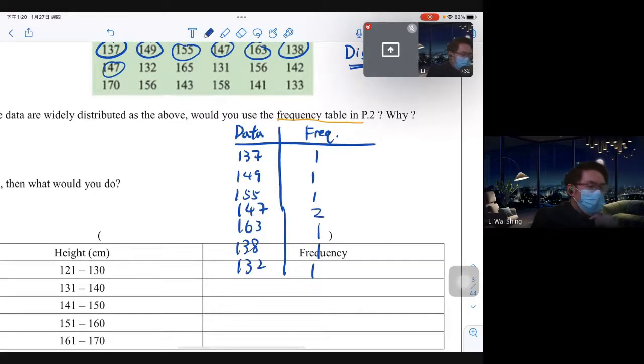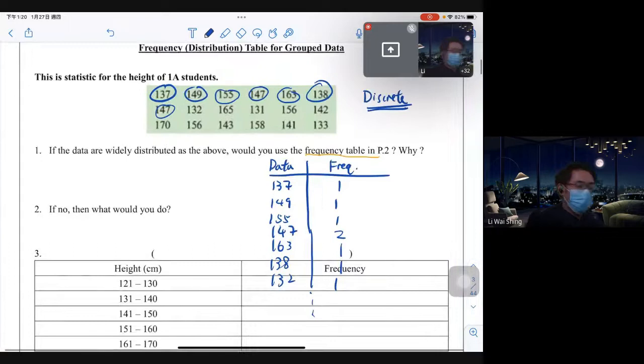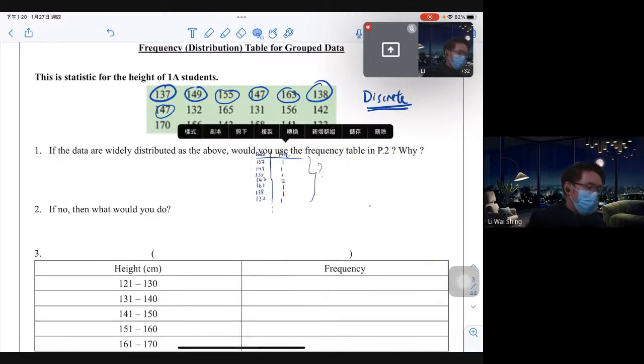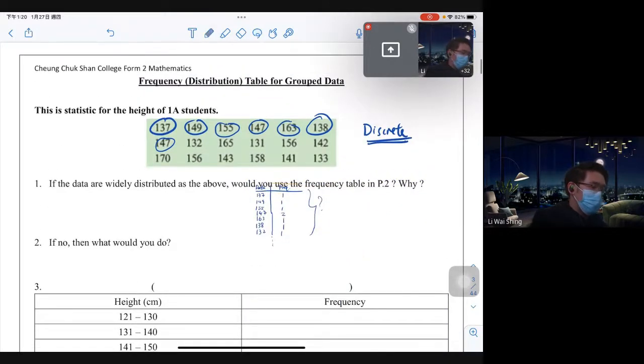Now you can see my list is very long, right? If I treat it as discrete data, then your table is very long and meaningless, right? If I give you this table, what information can you get? Useless. That's why for this kind of data, we won't draw a discrete distribution table.